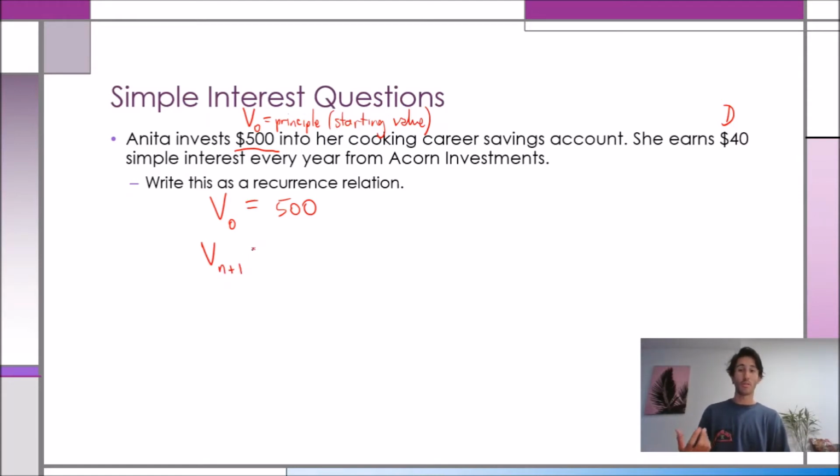Recurrence relations also need a rule with Vn plus 1 on one side of the equal sign, and on the other side, we need something that has Vn in it. Vn plus $40, because this is simple interest, so we're just adding $40 every year. So that's it for this question.